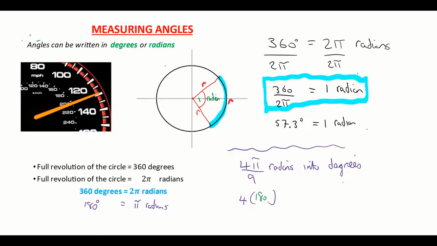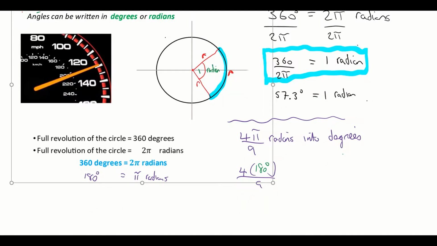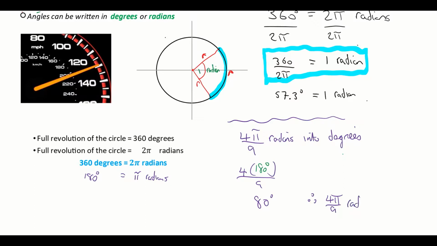We're just going to sub in 180 degrees for pi, divide it by 9. 4 180s are giving you 720, and 720 divided by 9 is giving me 80. So therefore 4 pi over 9 radians is equal to 80 degrees. Basically just doing some simple substitution, 180 degrees being subbed in for my pi.